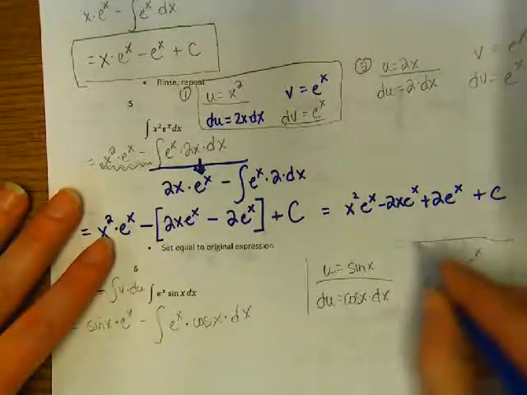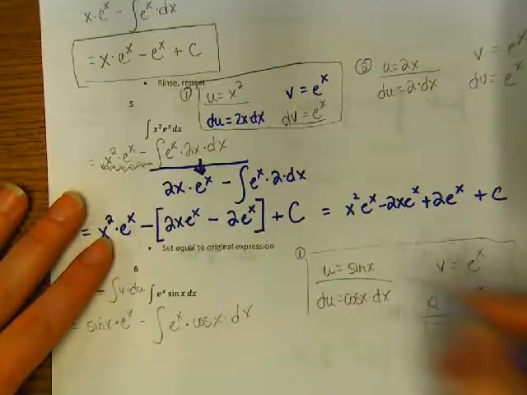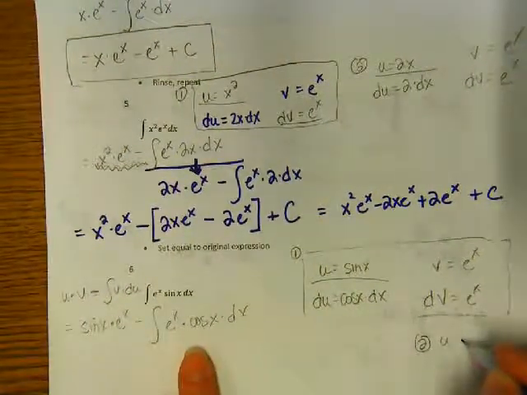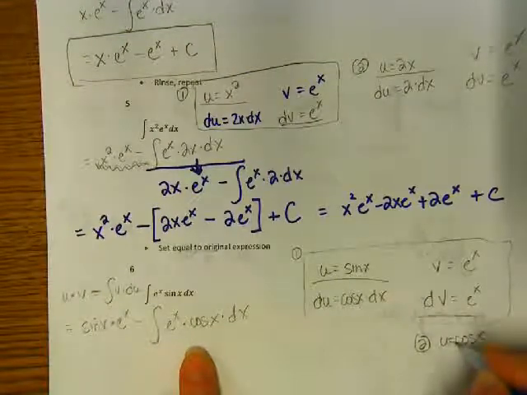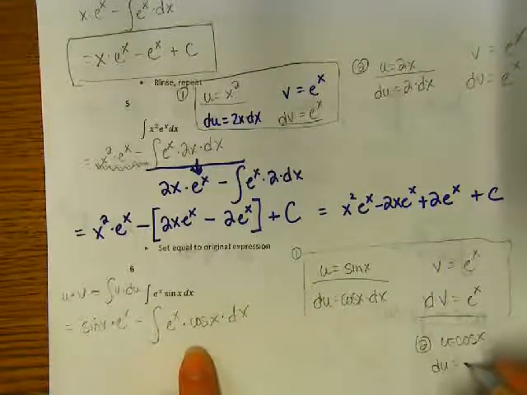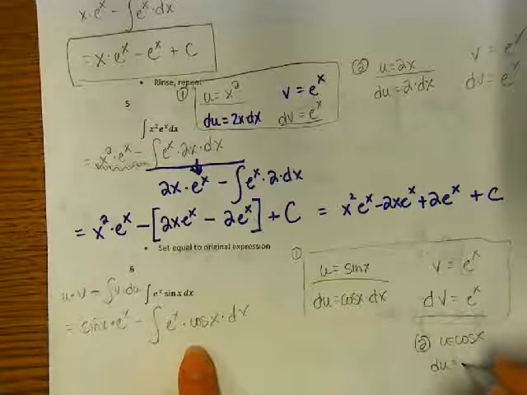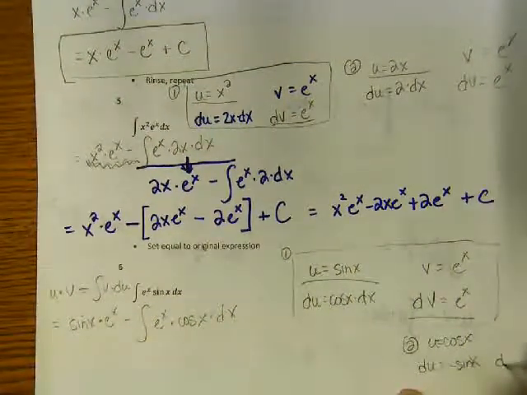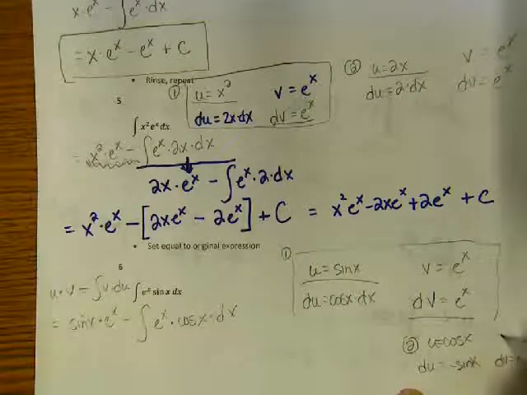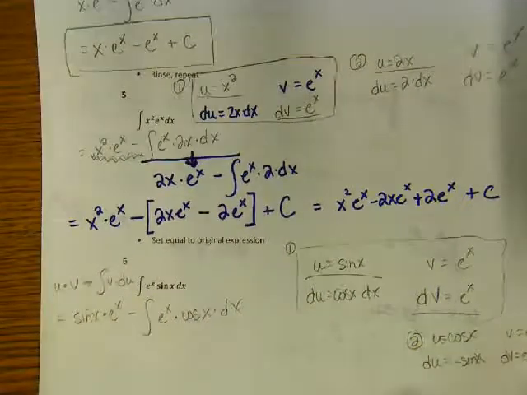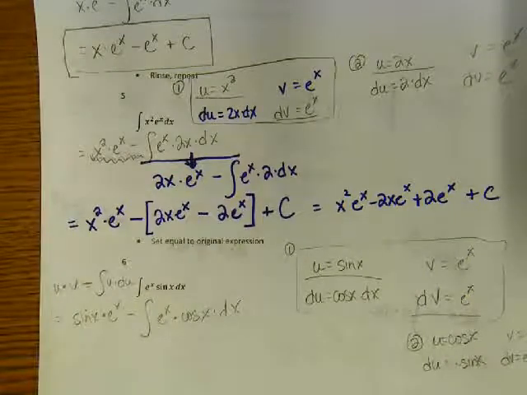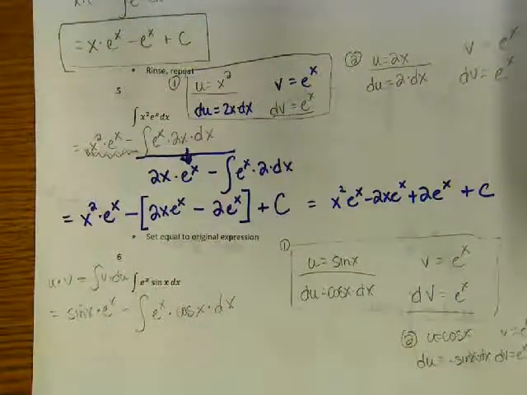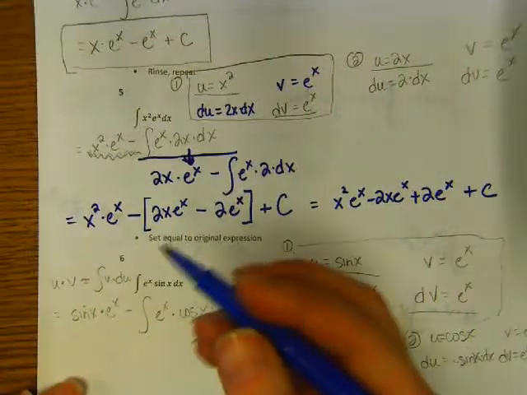So now I would pick u to be cosine of x, right? du would be negative sine x. dv would equal e to the x, and what would v equal? Okay. Watch what happens. I'm getting excited, so I'm forgetting dx's. All right. So I'm going to rewrite this. I'm not changing it at all.